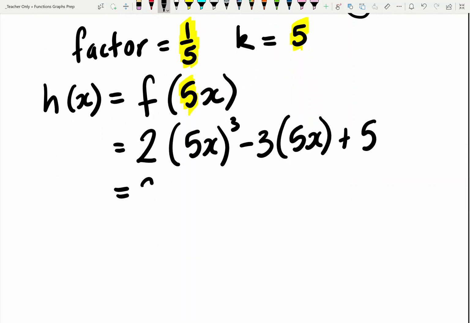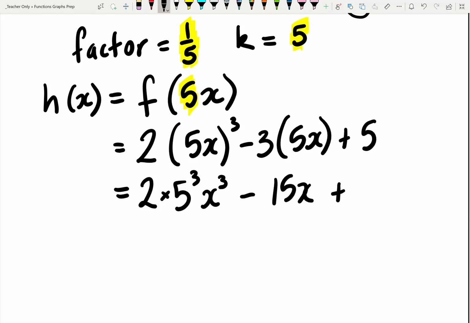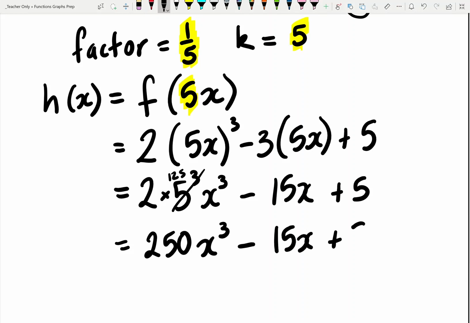Remembering our index laws, the cubed applies to both the 5 and the x, minus 15x plus 5. 5 cubed is 125. 2 times 125 is 250. x cubed minus 15x plus 5.